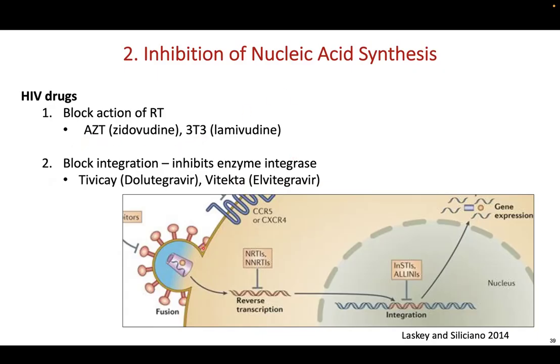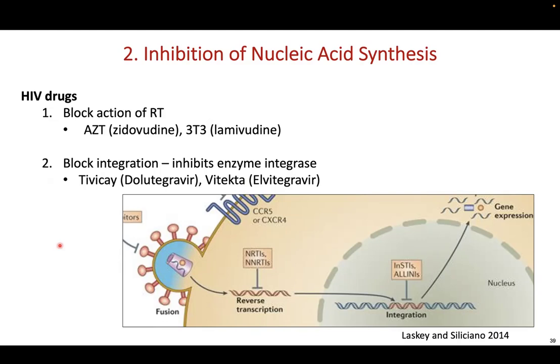Basically, when the virus has attached and released, because it's a virus, it comes with its own reverse transcriptase, which has to initiate reverse transcription. These NRTIs, AZT and co, prevent the reverse transcription of the viral genome.